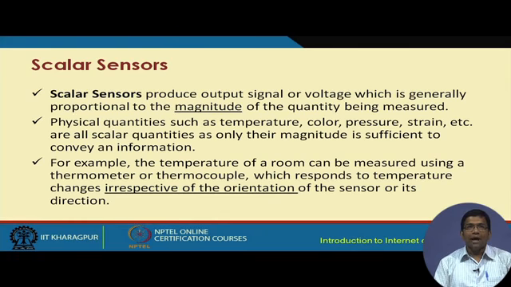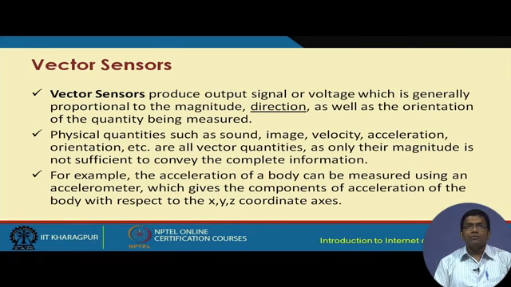On the other hand, vector sensors produce an output voltage signal which is generally proportional to the magnitude as well as the direction and orientation of the quantity being measured. Physical quantities such as sound, image, velocity, acceleration, orientation are all vector quantities, and their measurement is dependent not just on the magnitude, but also on the direction. For example, accelerometer sensors give outputs in 3 dimensions, the x, y and z coordinate axes.